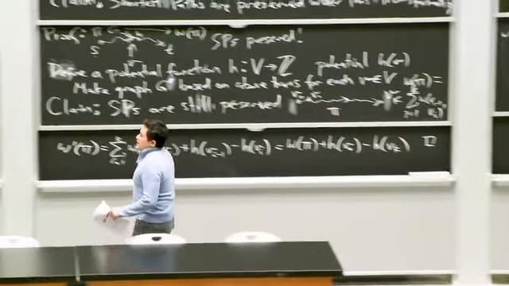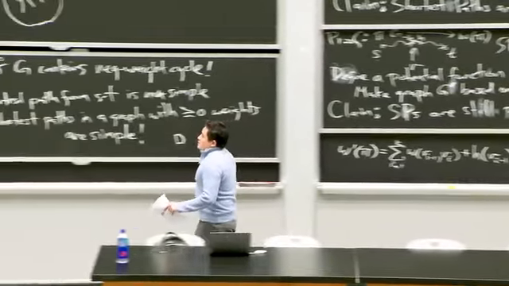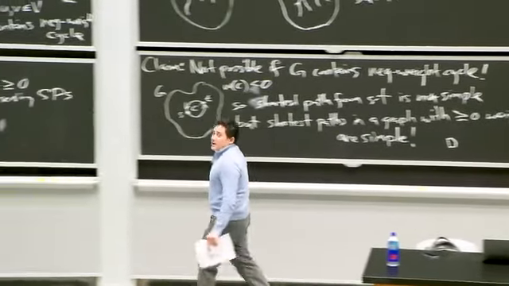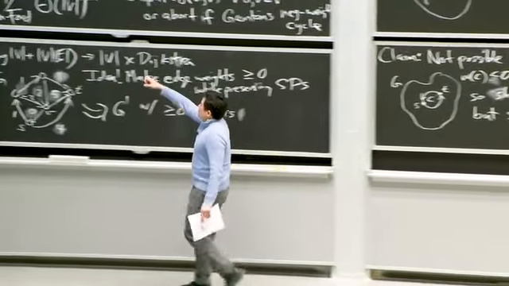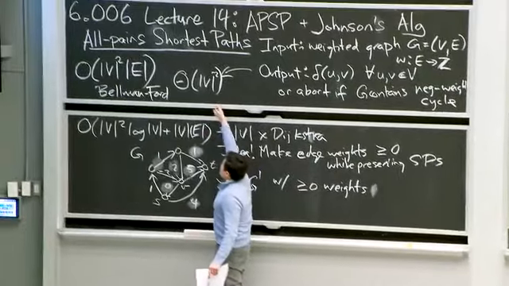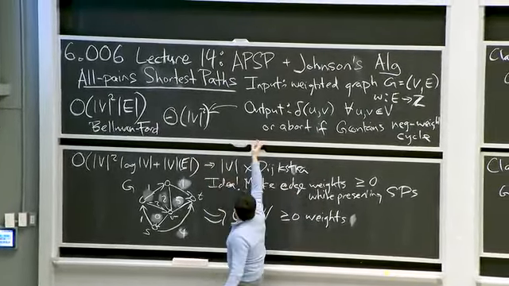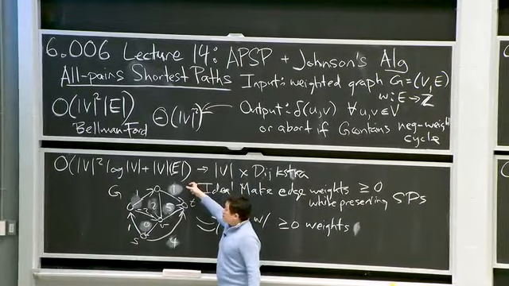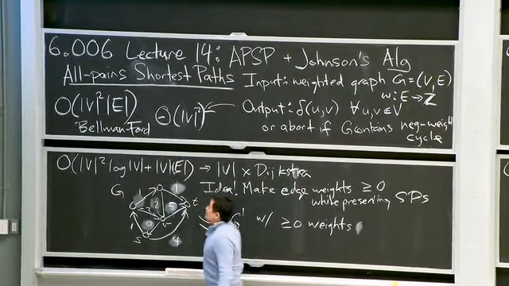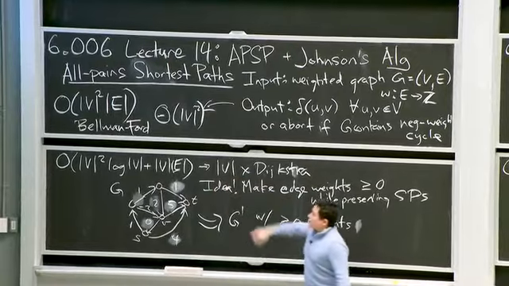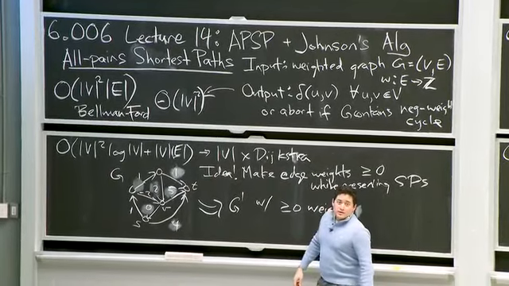signed all pairs shortest paths, not in V times Bellman-Ford like we had before, up here, but faster in nearly linear for sparse graphs, just without this log factor. So we got quite a big improvement, right?